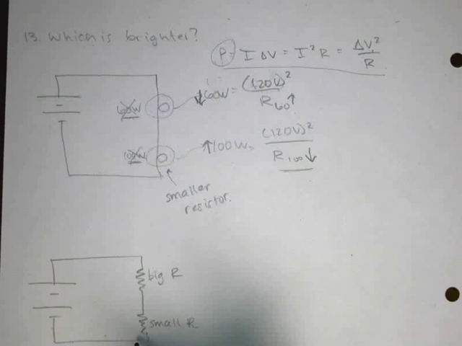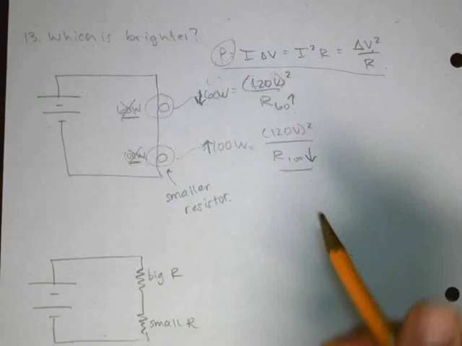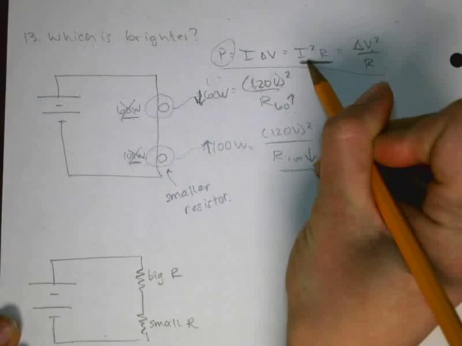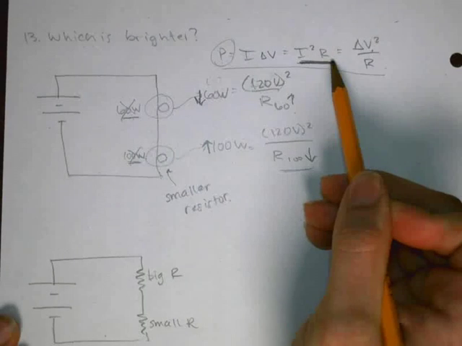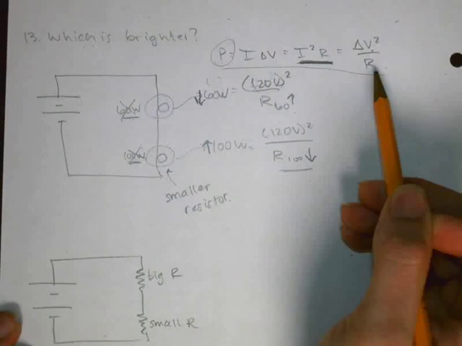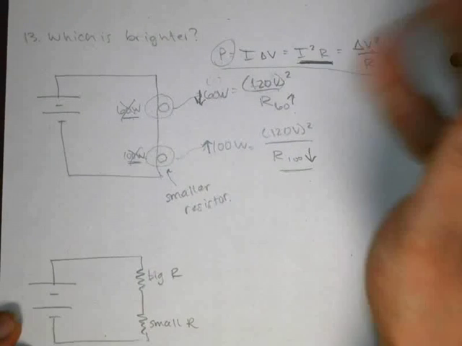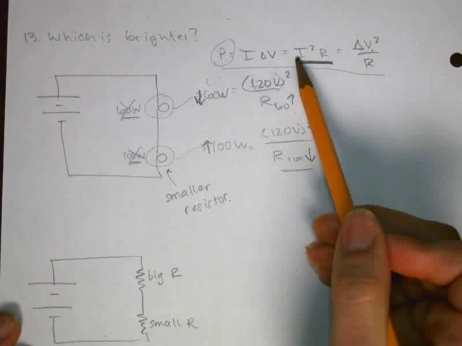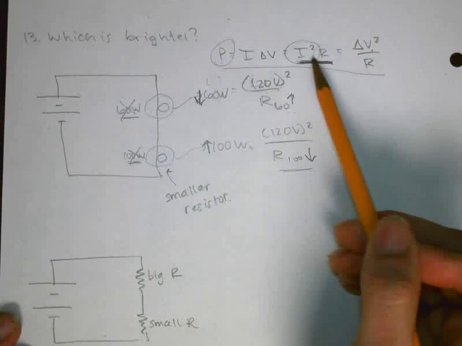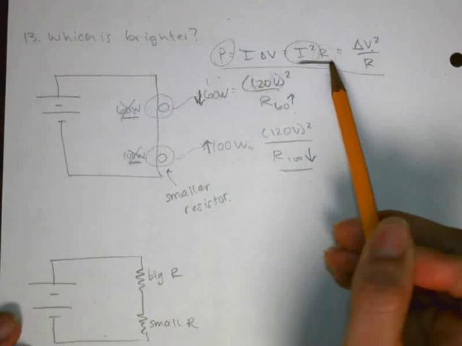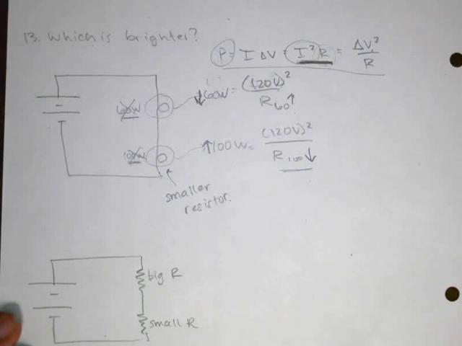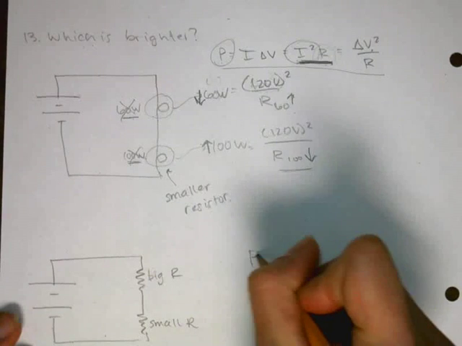This is two light bulbs in series, so they will have the same current. So I am looking at this one. If you wanted to use the other two, you could, but it would require some more work and some more thinking. Since I know they have the same current and I know the relationship between the resistances, I can use this equation to rationalize which one is going to dissipate more power.